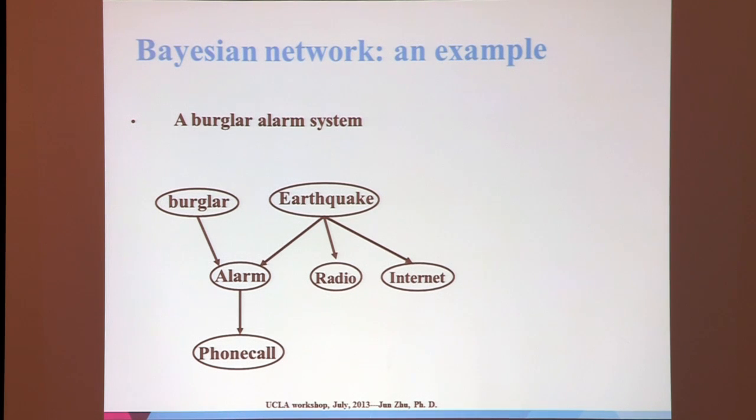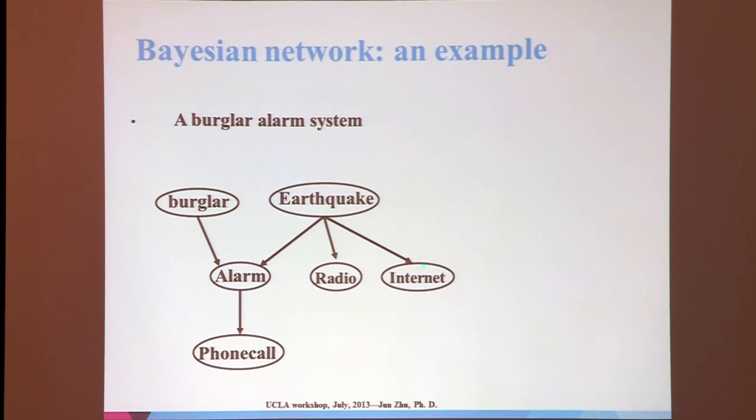When you get a phone call, what do you want to do? Go back home, call the police, or just ignore it? So really, now the system will tell you what to do. First, you probably have to check the radio.